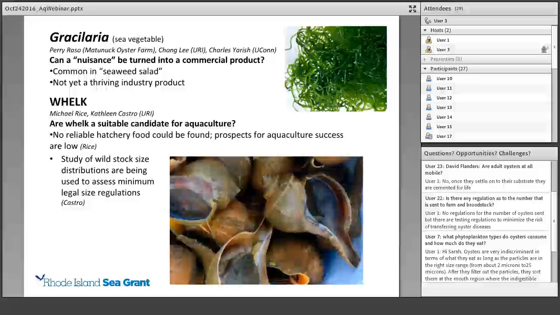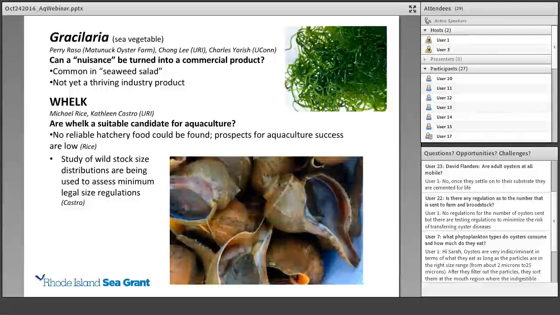We've also funded both a little bit back in the past and then at present some work on whelks, the large snails that are found here subtidally in New England waters. Michael Rice here at URI had a student look at trying to answer the question, is whelk suitable for aquaculture?